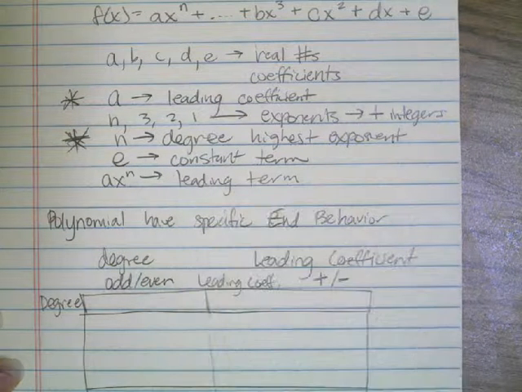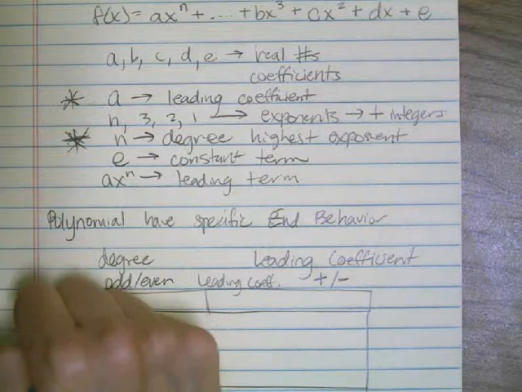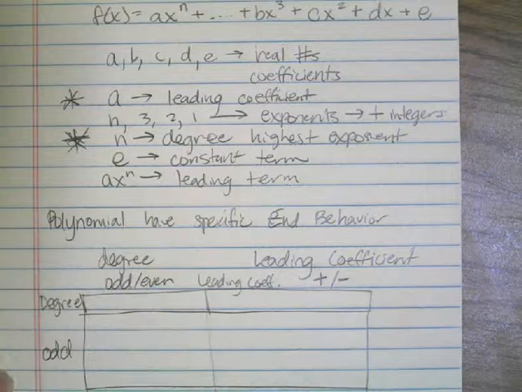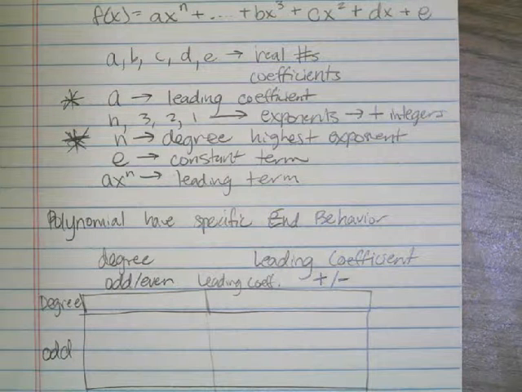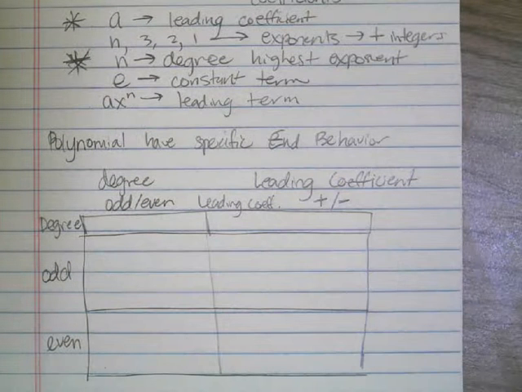Okay, so if the degree is odd, it looks like a line. If it's even, it looks like a parabola. This is just at the end. So we're talking about just the ends. We don't care about the middle, okay?